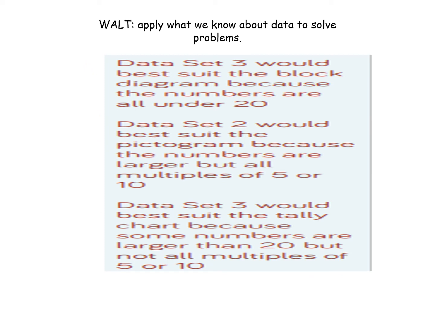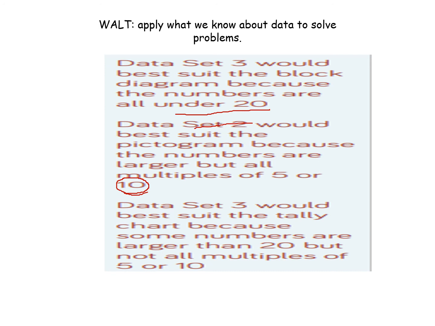Okay, so data set 3 would best suit the block diagram because the numbers are all under 20. Data set 2 would best suit the pictogram because they were all multiples of 10. I tried to help you out with that before we moved on.